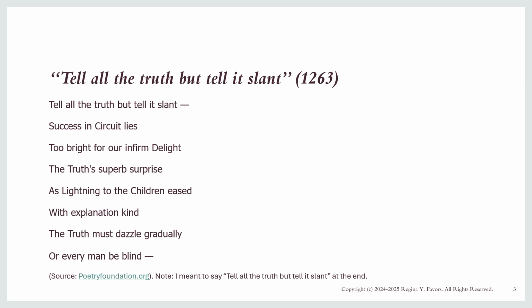So telling something in circuit is not always getting the person to fully understand that they are infirm in their delight, or that their children would also have an issue. But the solution again is still to tell it with ease, tell it with kindness, tell it gradually, take them through steps, life steps, so they won't be blind. So that's tell all the truth, but tell it slant.